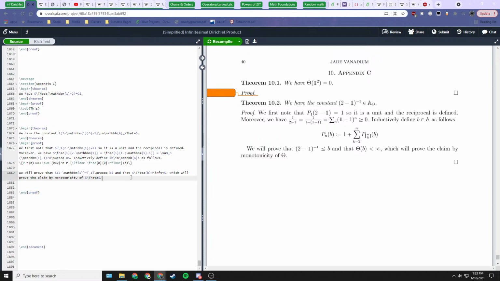Or rather, here's what we'll do. What we will actually prove is that P sub n of B is the sum over k less than or equal to n of 2 minus the inverse, which is projected on k.